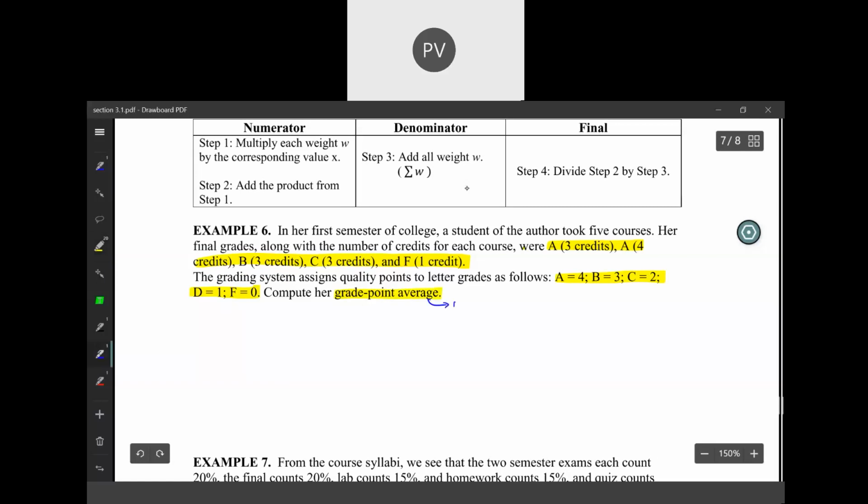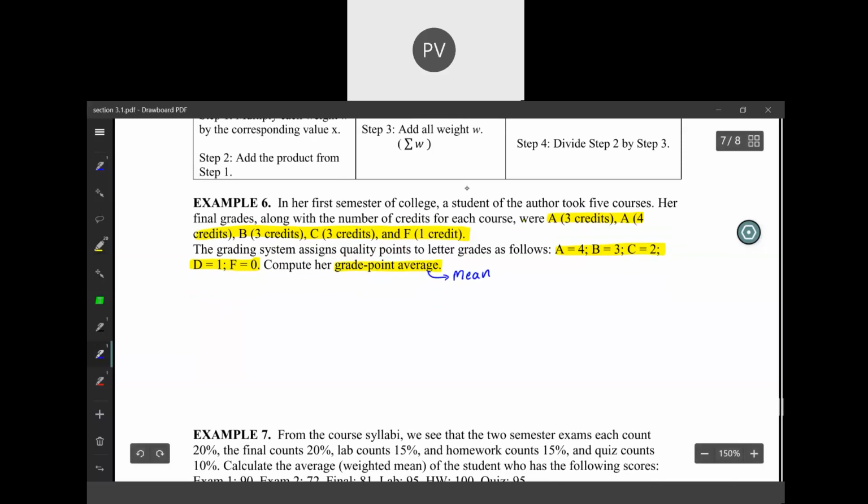Mean. Since we have different frequencies and different data values, we will have to compute the weighted mean. The question might not mention which type of mean to compute, but you have to know depending on the content.